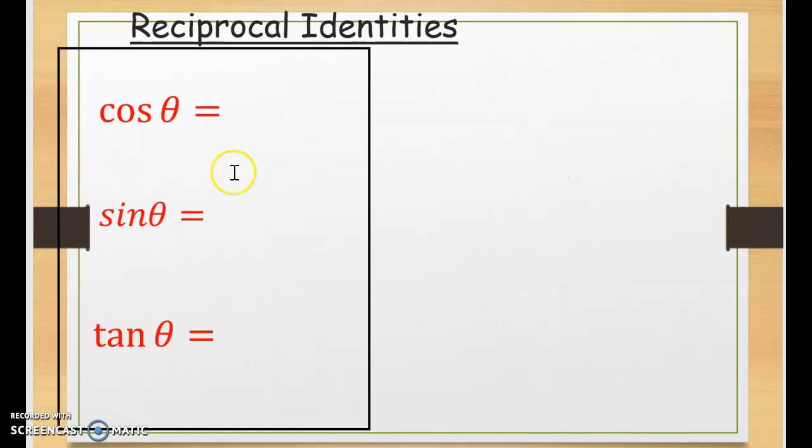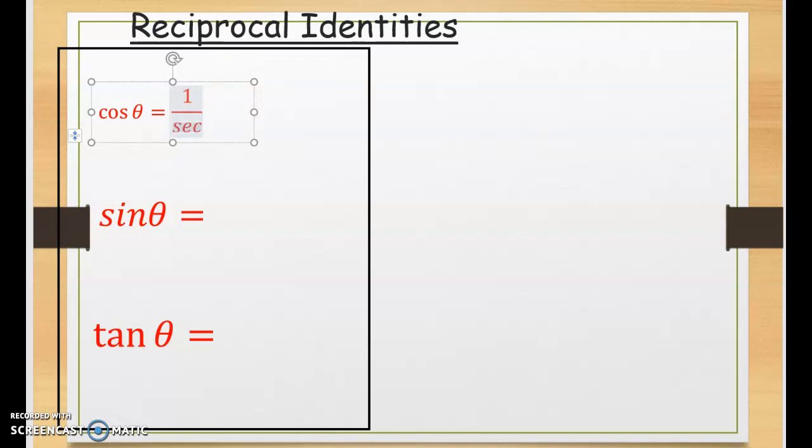Again, these are some reviews. So we do know the reciprocal identities. Some of you guys are sitting here going, what do you mean? Well, if we're talking about cosine being equal to a reciprocal, we're talking about a fraction. So 1 over what? Well, the reciprocal function of cosine theta is secant theta.